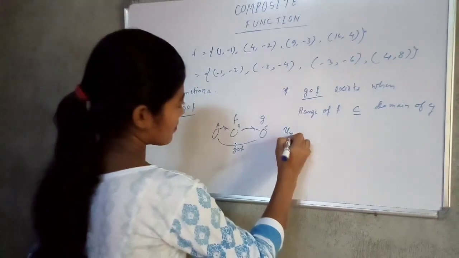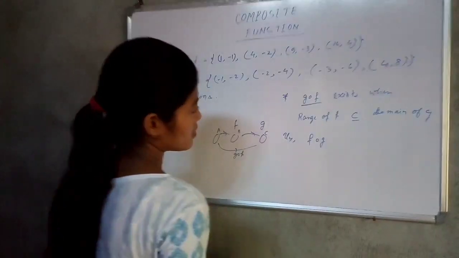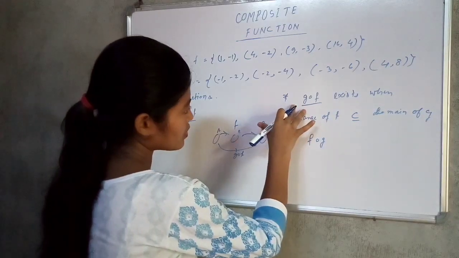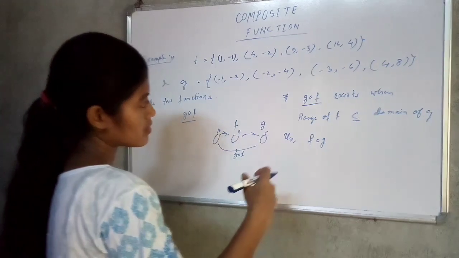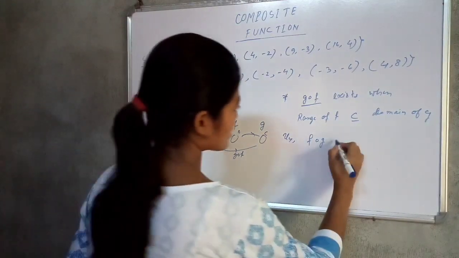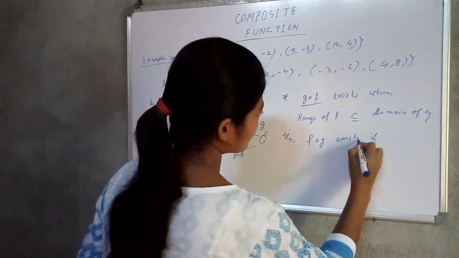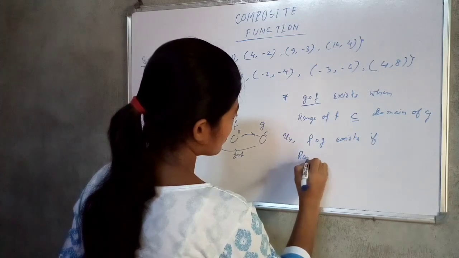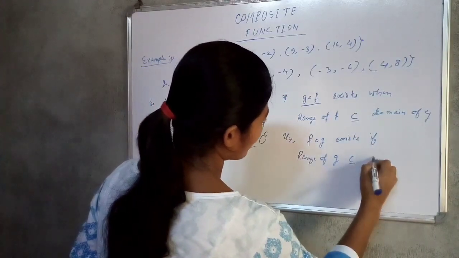Similarly, the composite function f∘g is also a composite function of these two functions f and g, but there is another composite function f∘g, which exists if the range of g is a subset of the domain of f.